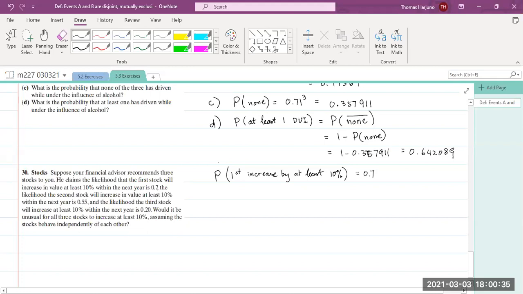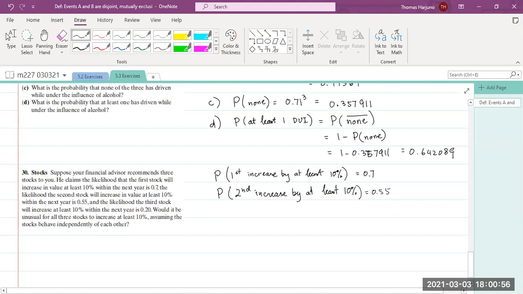The likelihood that the second stock increases by at least 10% in the next year is 0.55.